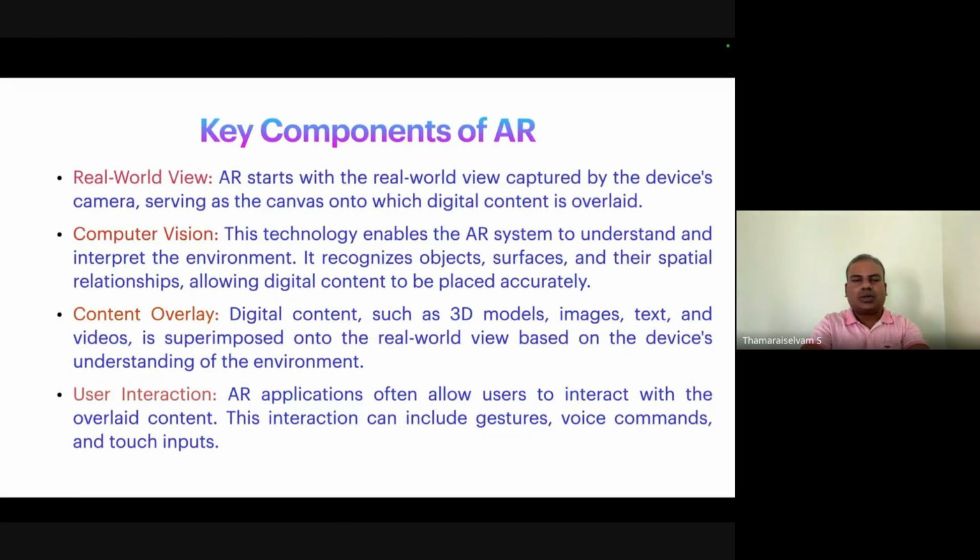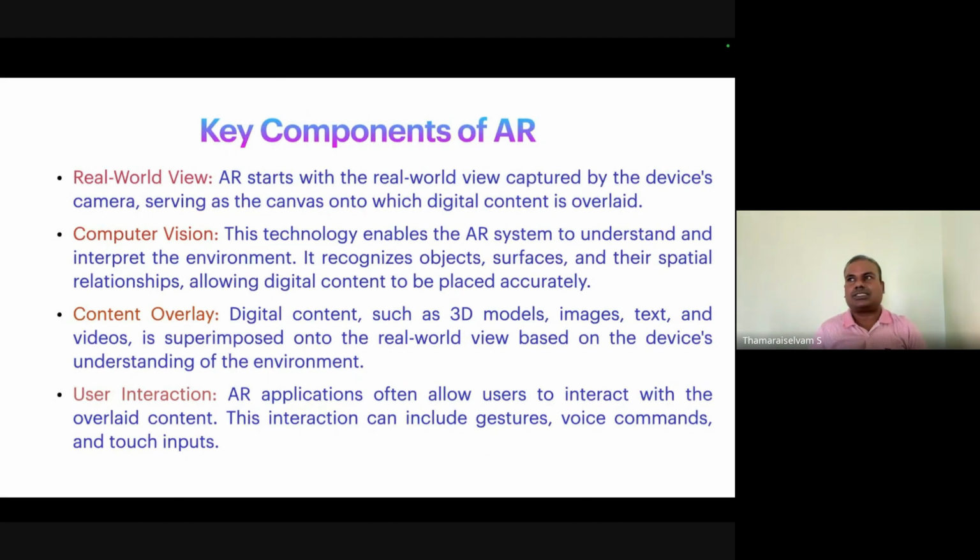Without computer intervention, no augmented reality is possible. Computer vision recognizes the objects, the surfaces, and their spatial relationships, allowing digital content to be placed accurately. Then content overlay: we need to superimpose 3D models, images, texts, and videos onto the real world based on the device's understanding of the environment, because we need to superimpose the real world with digital information. So that is most important.